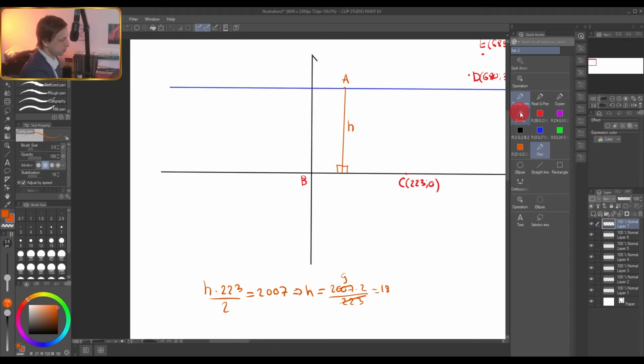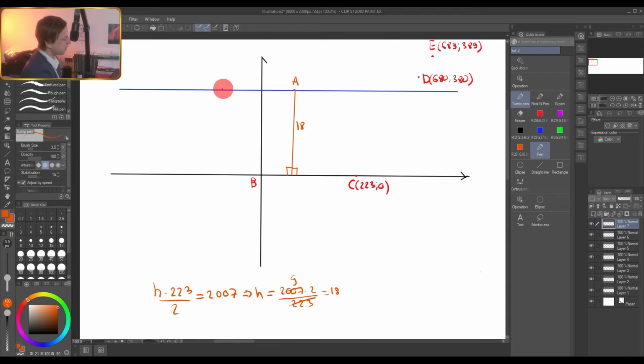So this distance h should be exactly 18, and if you draw a line parallel to the x-axis at a distance 18 from the x-axis, any point A on this line will have the property that this distance is 18, and therefore the area of triangle ABC will be what you need.